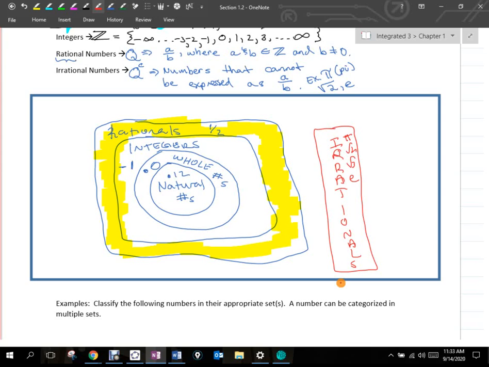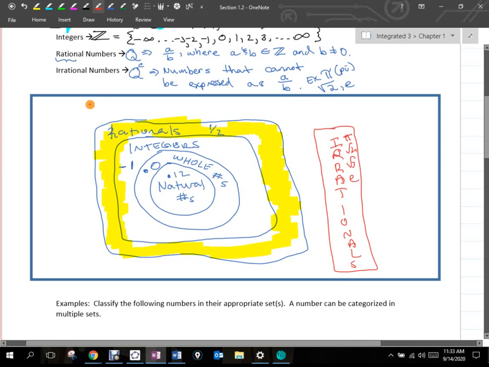And that continuous number line, does anybody know what it's called? Starts with an R. Real numbers.